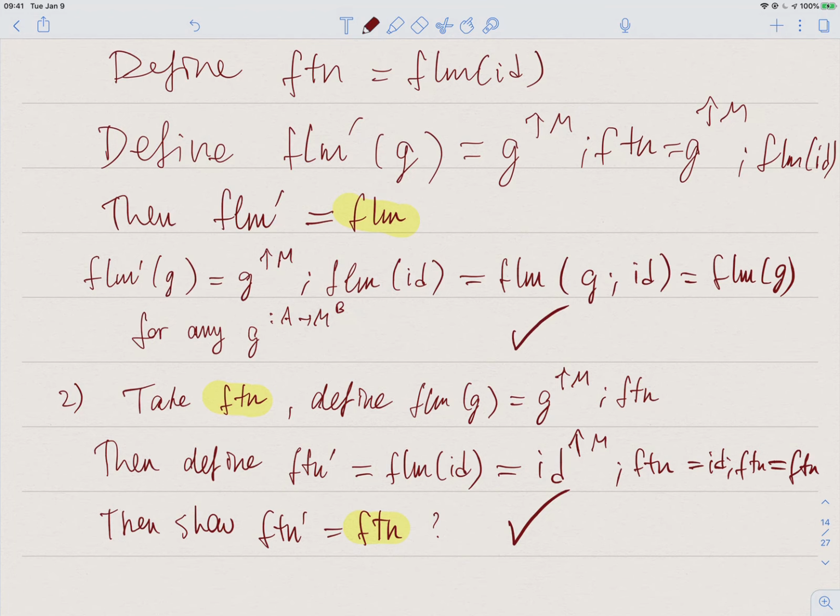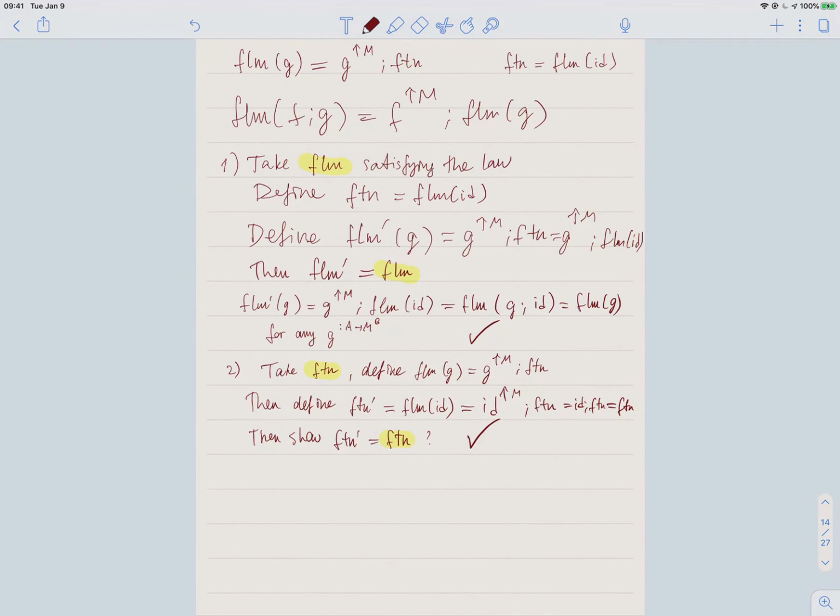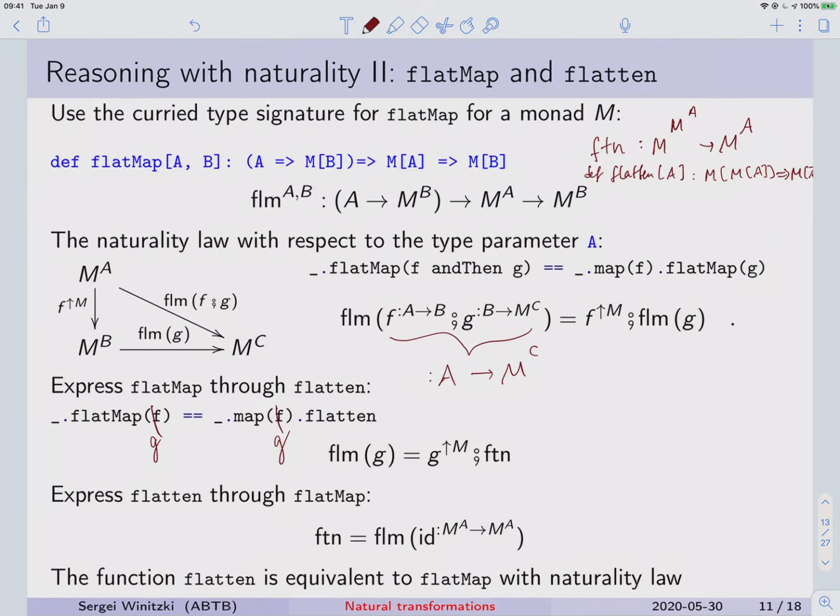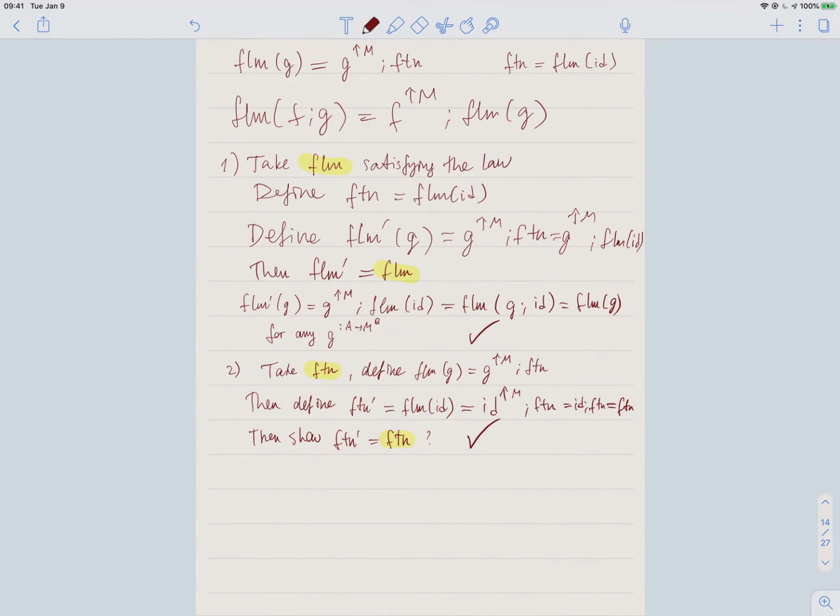So in this way we have shown that the functions flatten and flatMap are equivalent, assuming the naturality law. Now without that assumption, of course, they're not equivalent. There are many more functions flatten with this complicated type signature that may not satisfy the naturality law.